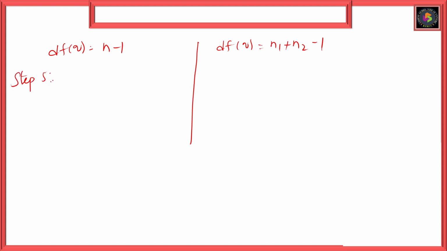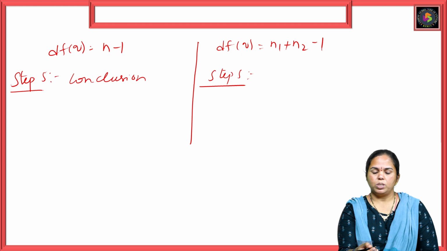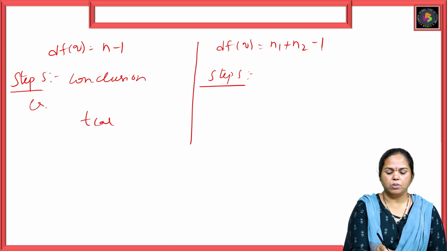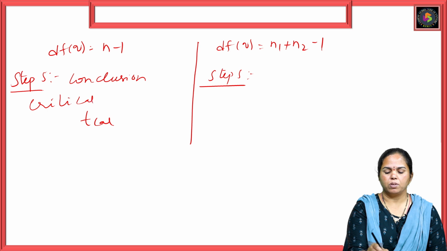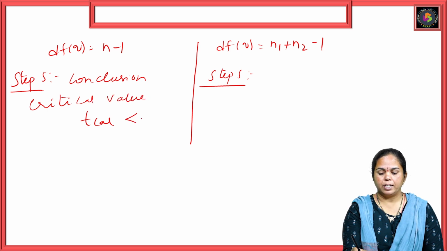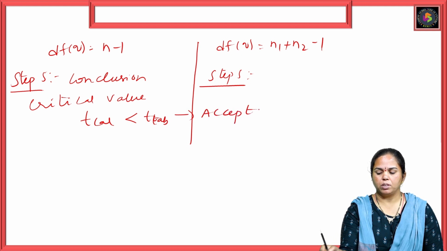Step 5, conclusion. So same thing, compare the results here with the tabulated value. If t calculated is less than t tabulated, we accept.